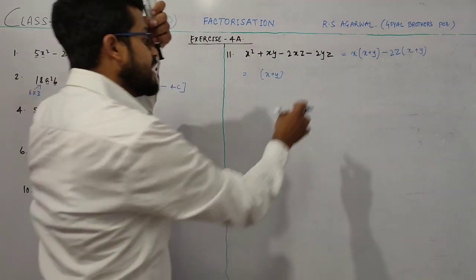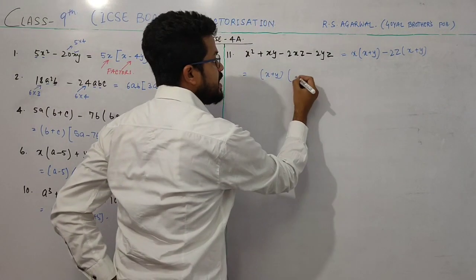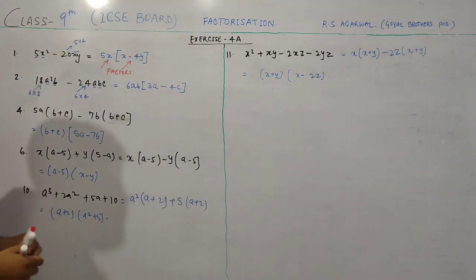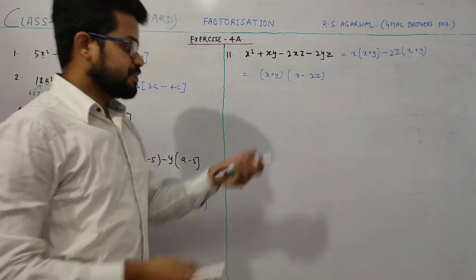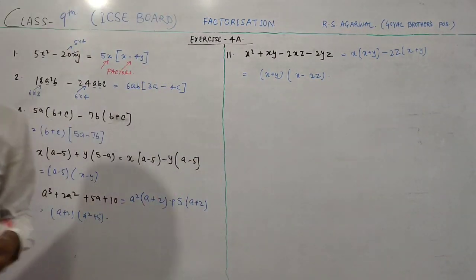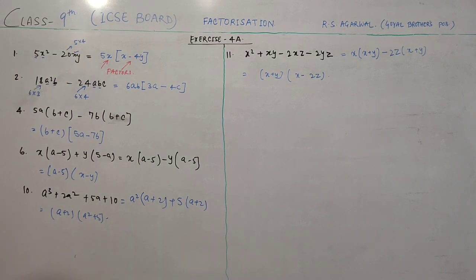The remaining is x minus 2z. This is the factor. Now question number 12 is similar.